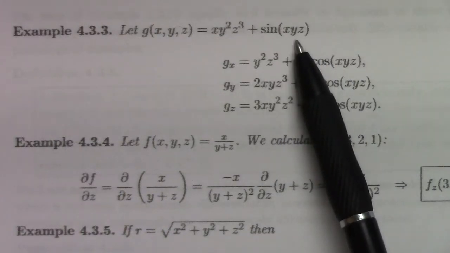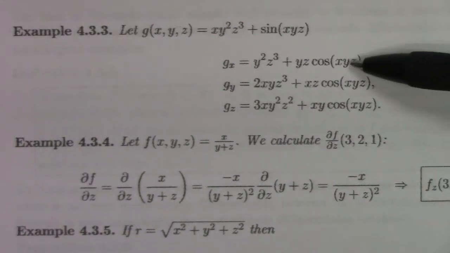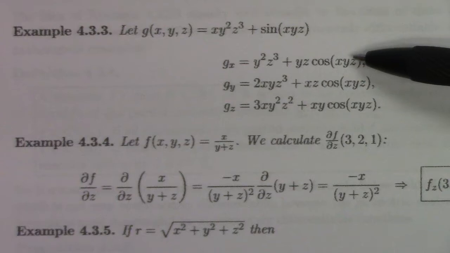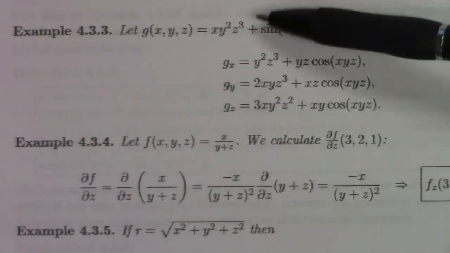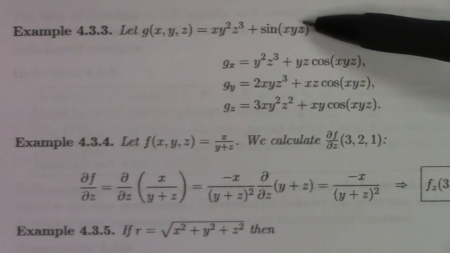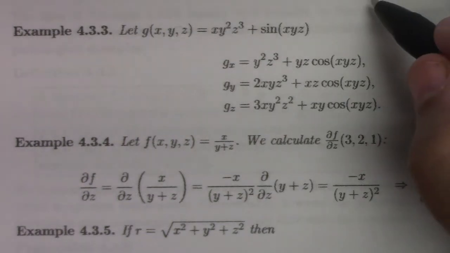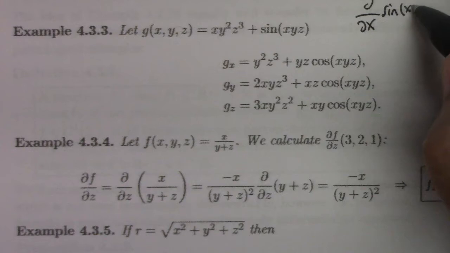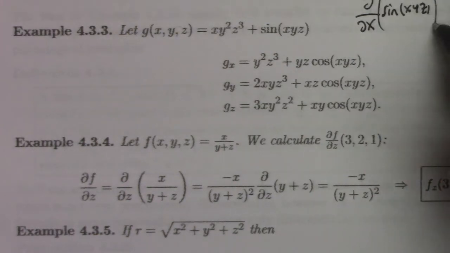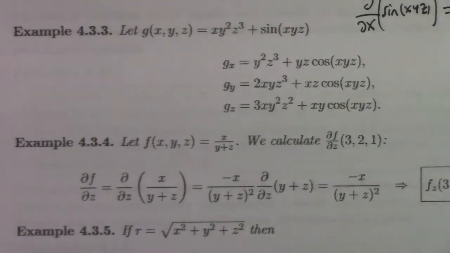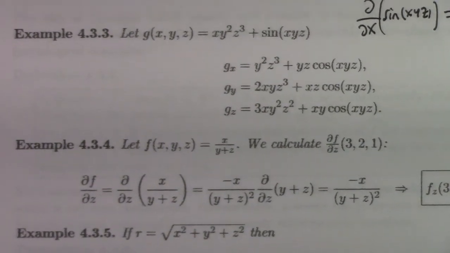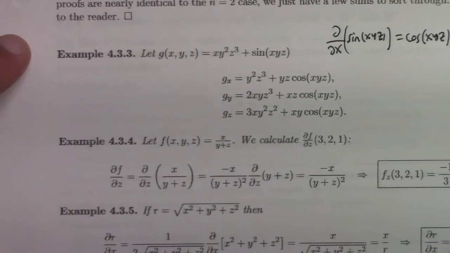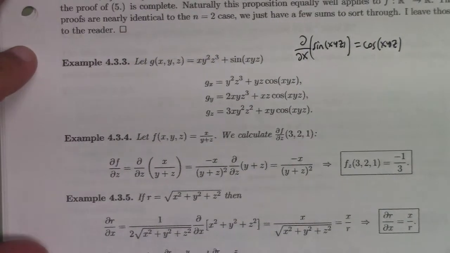Now, when we differentiate sine of xyz, every time we get cosine of xyz, because it's a composite function. So the chain rule says partial partial x of sine xyz is equal to cosine of xyz. See, I'm already regretting my greedy close-in zoom. There we go.